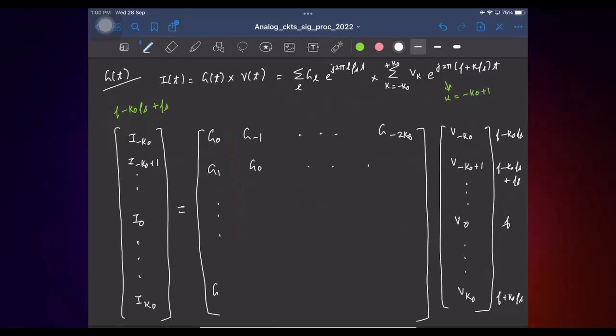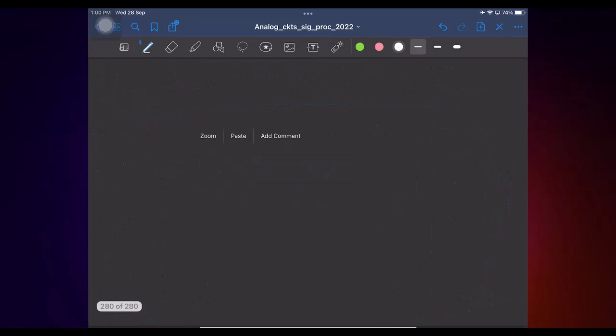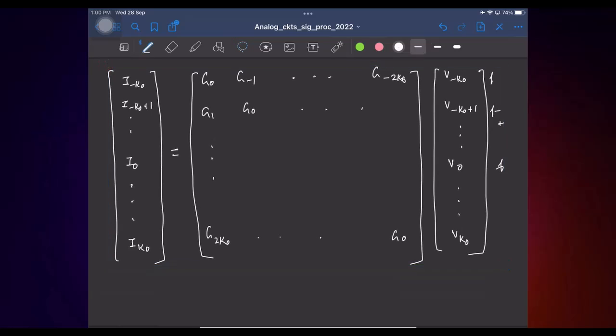And what will be the last entry? 2 k naught, right? That's all. And the last will be G0. So we will quickly copy this. Now here, if you notice, all these G0, G1, G2 are the Fourier coefficients of our periodically time varying conductance, and in the real world, a real conductance.